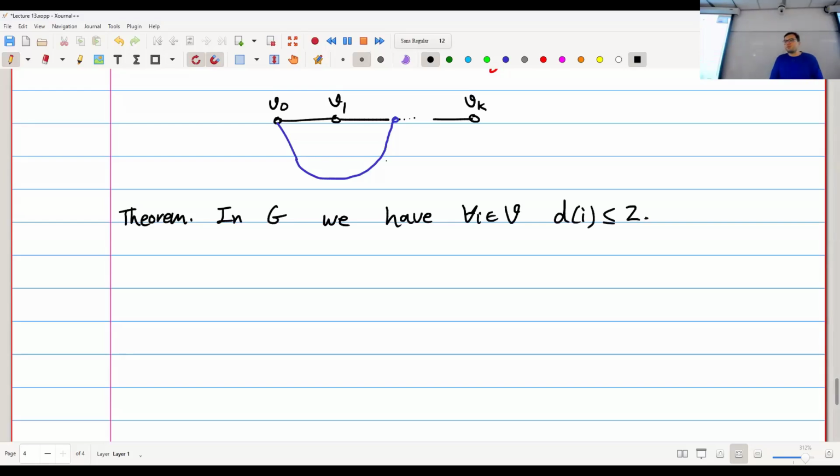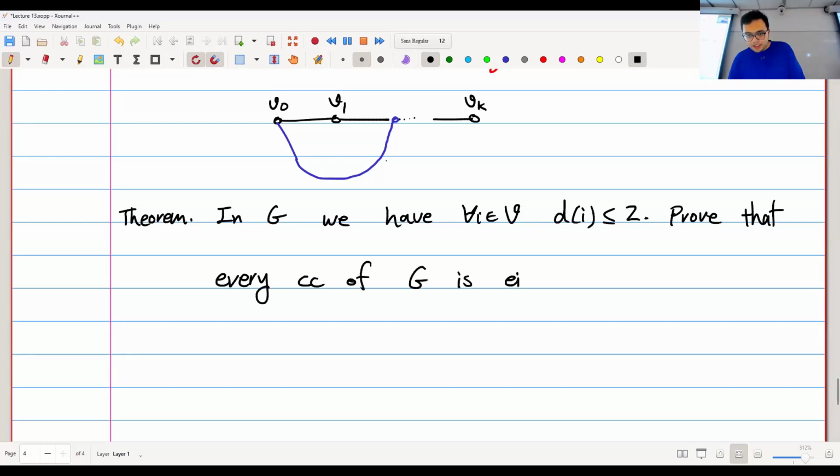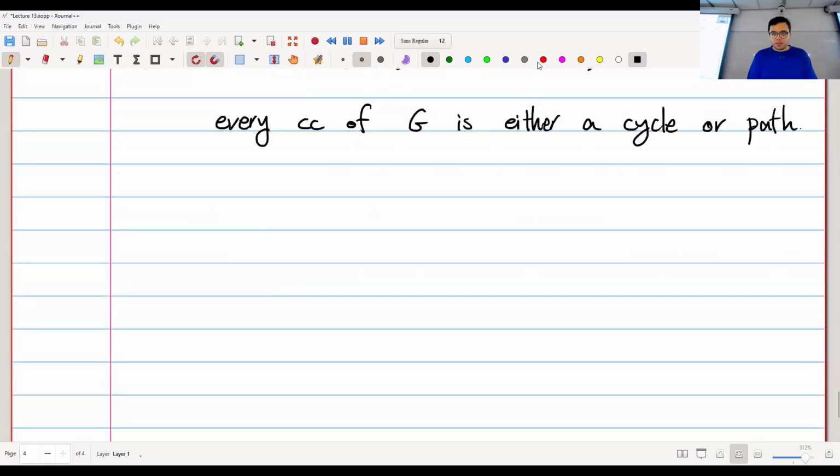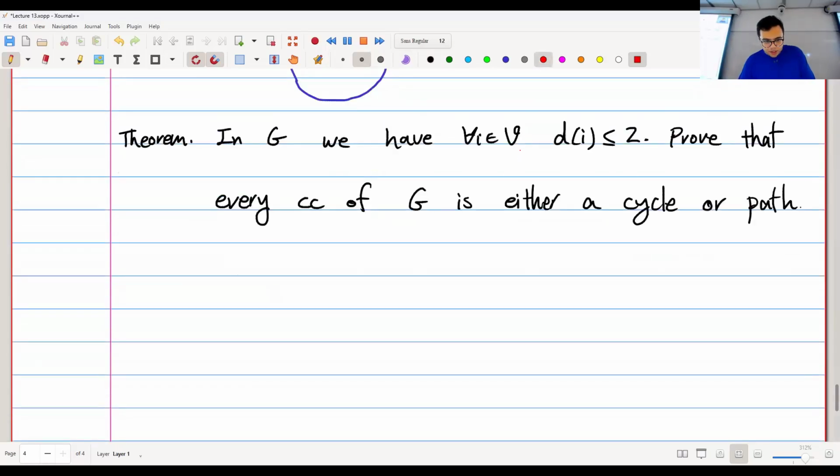I want you to prove that every connected component of G is either a cycle or a path.